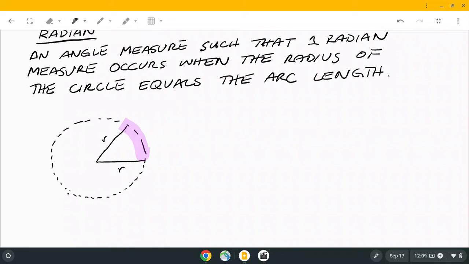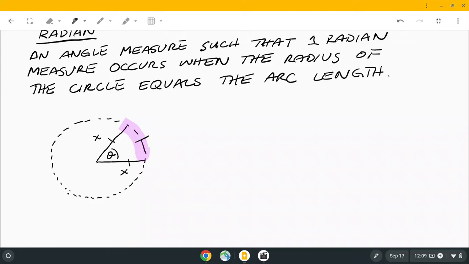Okay. So here, this arc length is equivalent to the radius. Okay. And when that happens, this angle here, I'm going to call this r as well. It's not a radius, but here, how about if we do this? We won't call it r because then r stands for radius. Let's call it x.